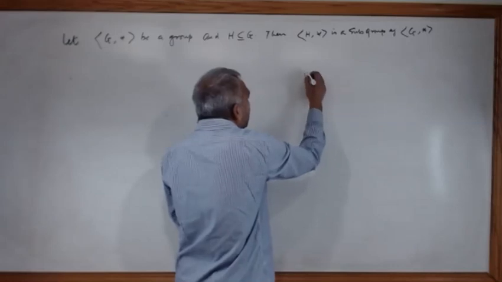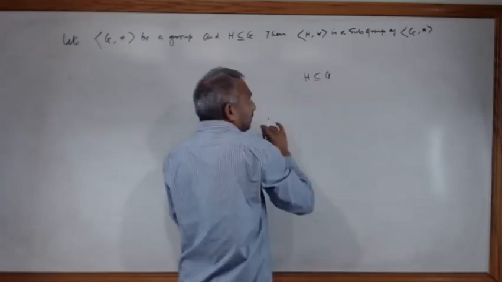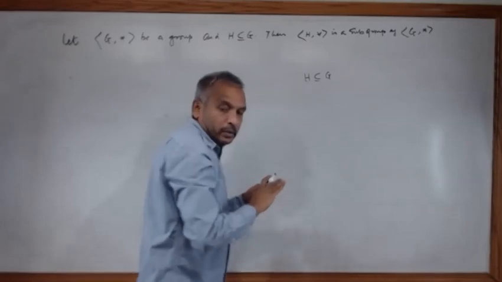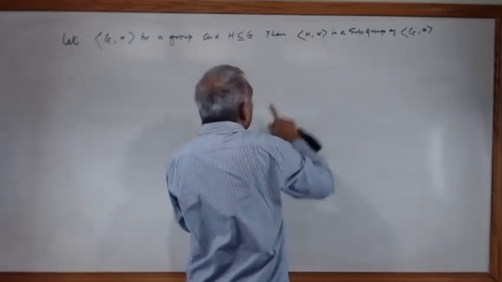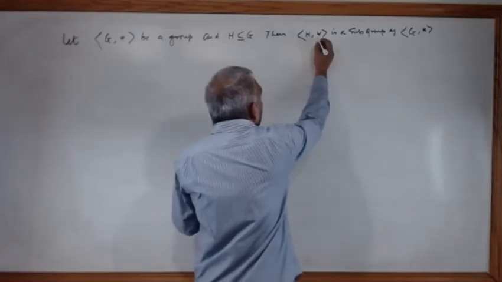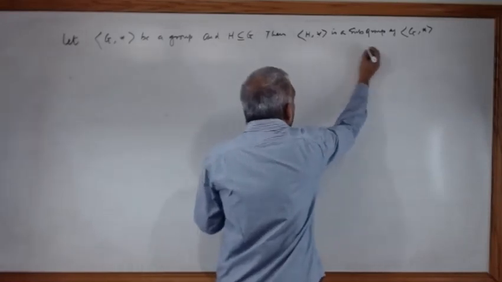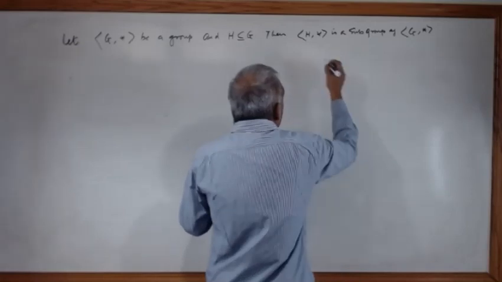We will just say H is a subgroup of G. Just to make sure, I am going to mention that the binary operation on the subgroup is the same as the binary operation on the group.